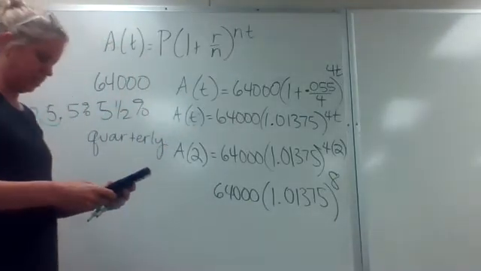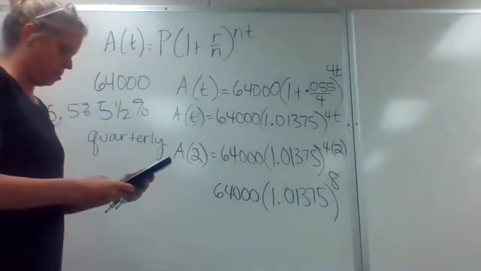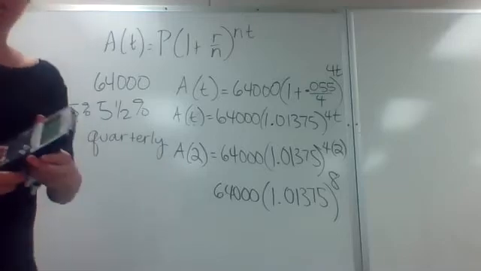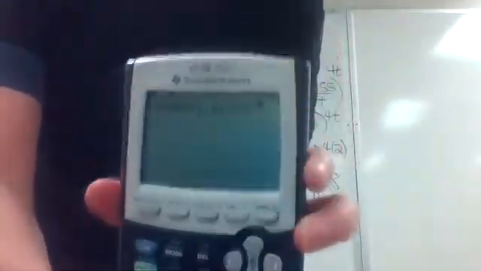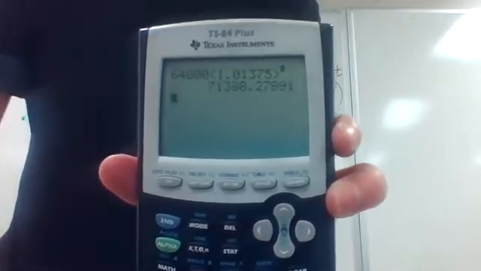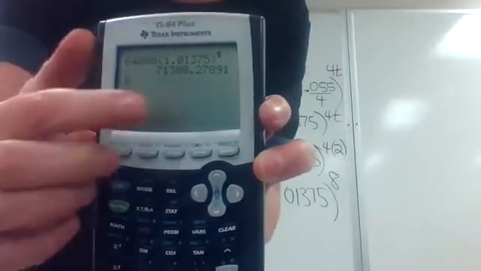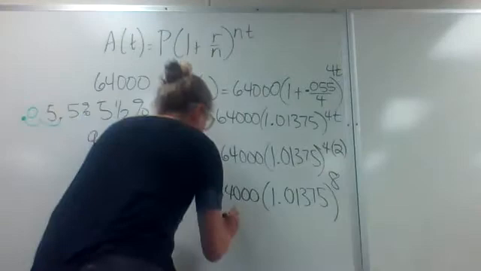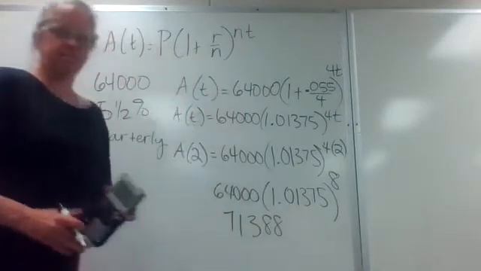So 64,000, open 1.01375, close, and then go up into your exponent, and your exponent's 8. And we are rounding all of these to the nearest dollar. The first number after the decimal is a 2, so I don't need to round up. So it's 71,388.